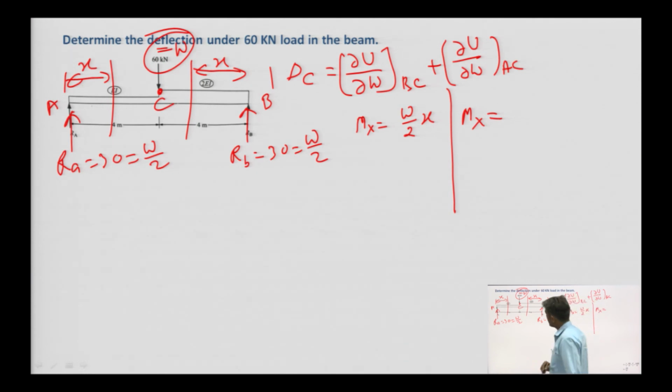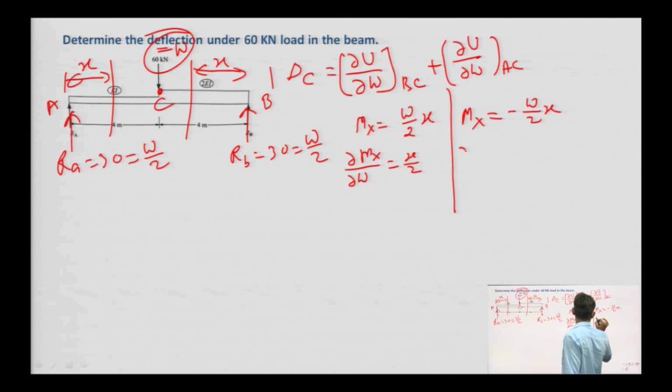For segment AC, this is clockwise, so minus W by 2 into x. Differentiating del M x by del W, we will have x by 2, and for the other, minus x by 2.